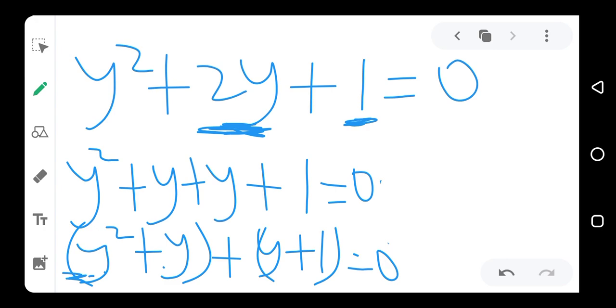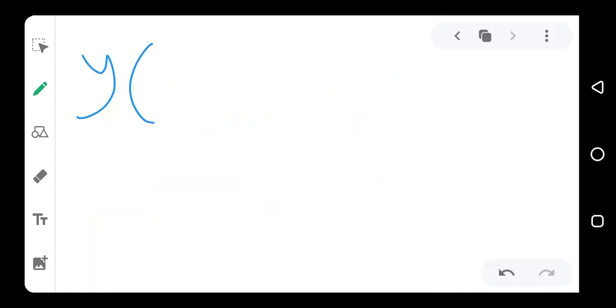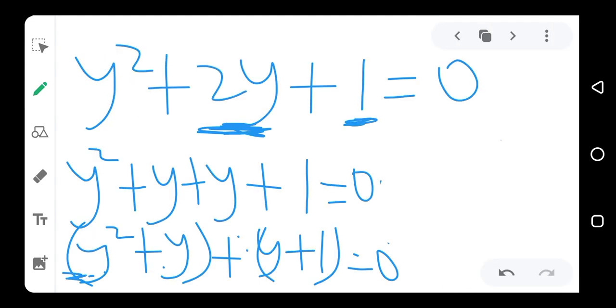So 1 is common, so we bring 1 outside the second bracket. y squared divided by y, we get y, and y divided by y, we get 1. The second one, 1 is common.